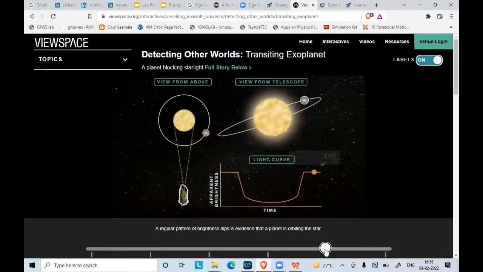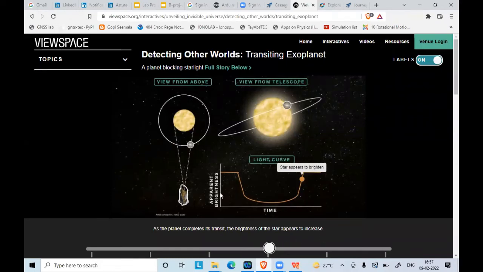As I am showing just one planet here, there is always a possibility that you can have more than one exoplanet, and the combination will determine the depth of the apparent change in the brightness, the decrease in the brightness. And by analyzing such data from distant stars, one can discover multiple planets revolving around stars.